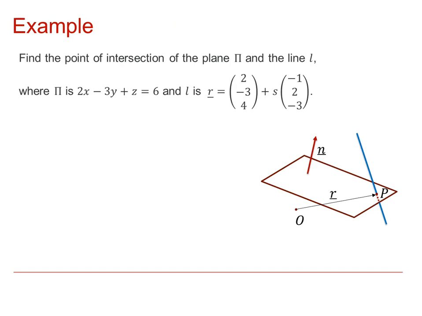This question then asks us to find the point of intersection between the plane pi and line L, where pi is given by the equation 2x minus 3y plus z is equal to 6, and r is given by (2, -3, 4) plus s times (-1, 2, -3).